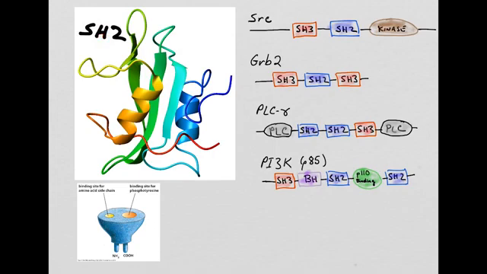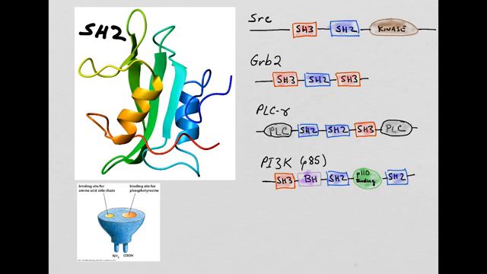And these domains are actually independently folding in the traditional cell physiology exam 1 sense. The SH2 domain is a relatively small domain that can be plugged into just about any protein without affecting anything else that protein does. And that's why it's so common as a way of making a protein recognize phosphotyrosines.